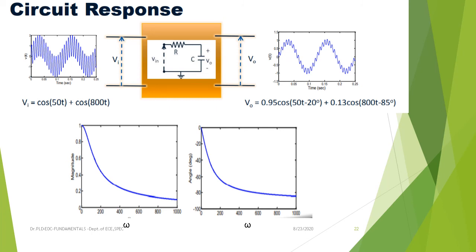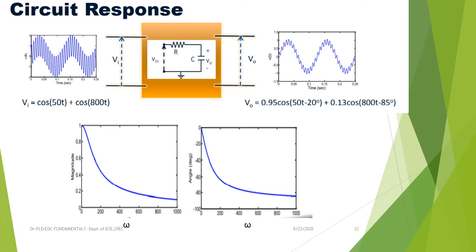While plotting magnitude versus omega and phase angle versus omega, we call them the frequency response and the phase response. Let us observe this circuit response. In the first case, we have a waveform with Vi equals cos 50t plus cos 800t.